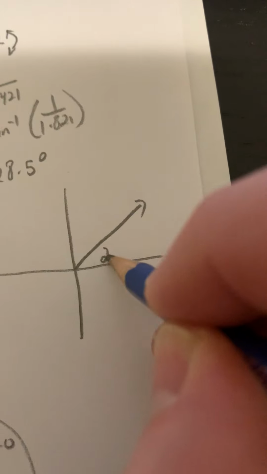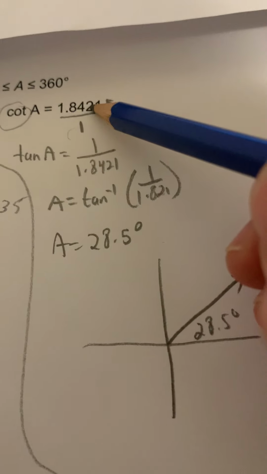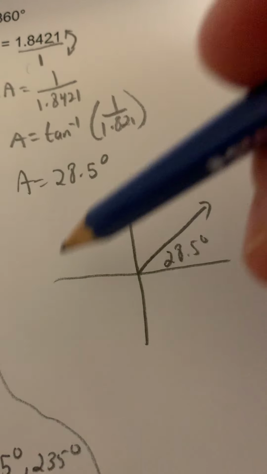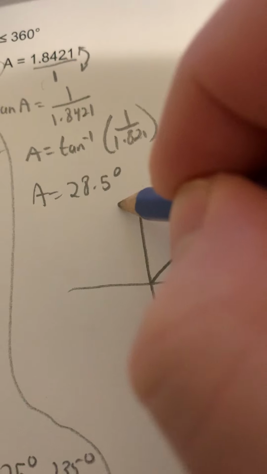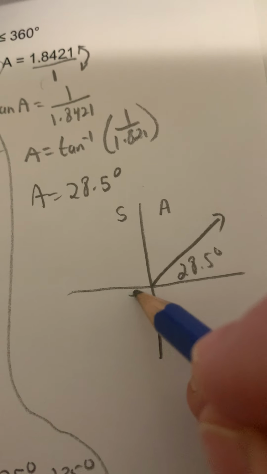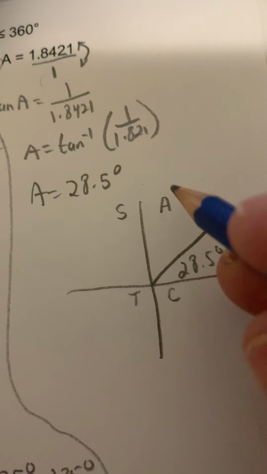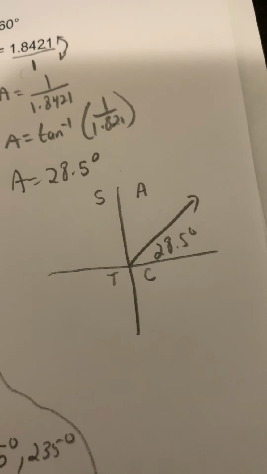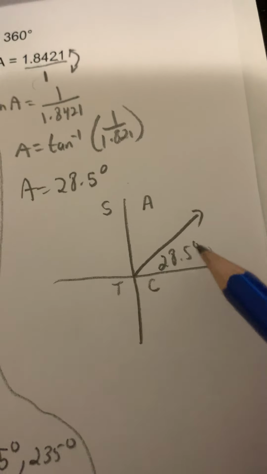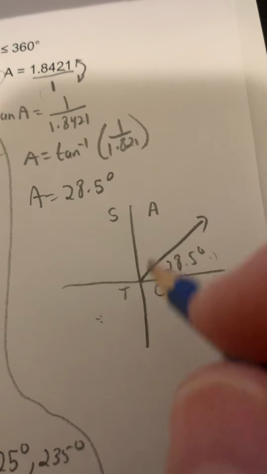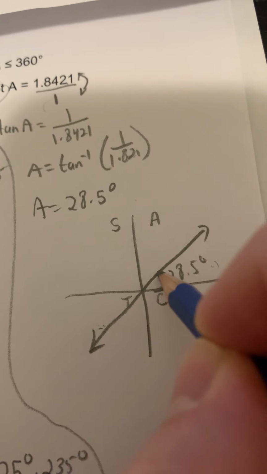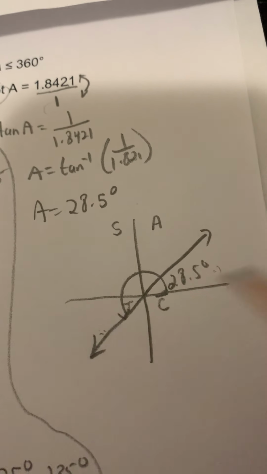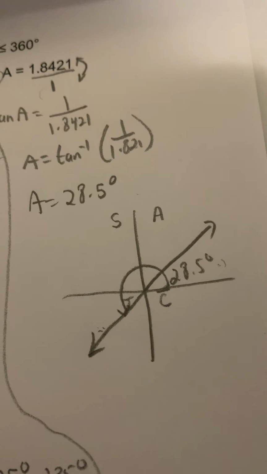Okay, we draw it out. 28.5 lies here. This was a positive number, so we have to find out where tan is also positive, because remember, all of them are positive here, sine is positive here, then tan, and cos: C-A-S-T. So if tan is positive here, then it's also positive in this one for tan. So we're going to have another one here. We're going from the initial arm all the way to this new terminal arm.